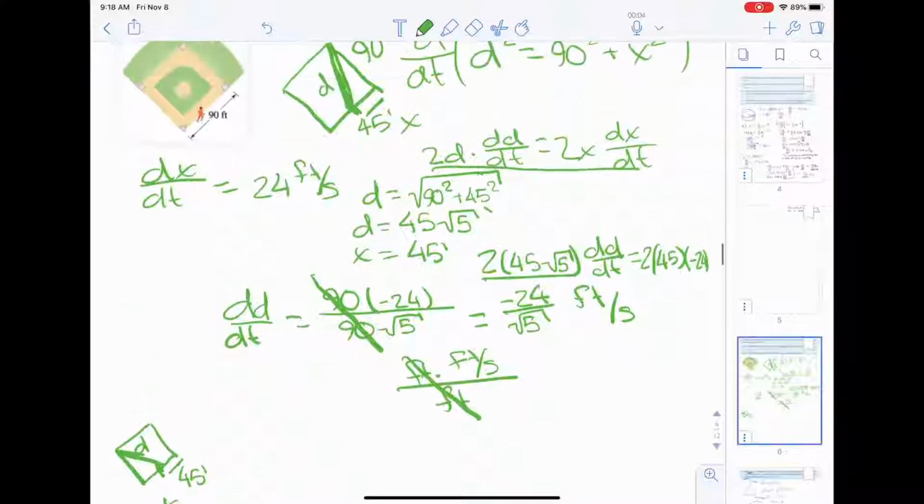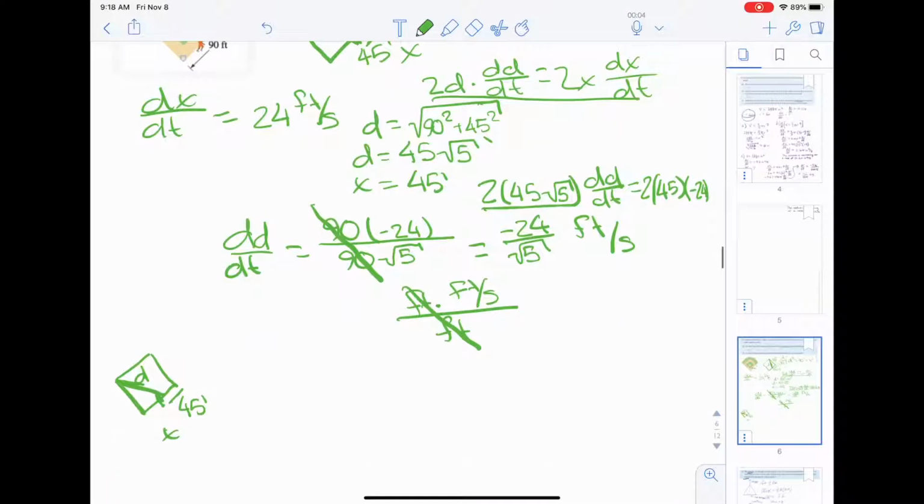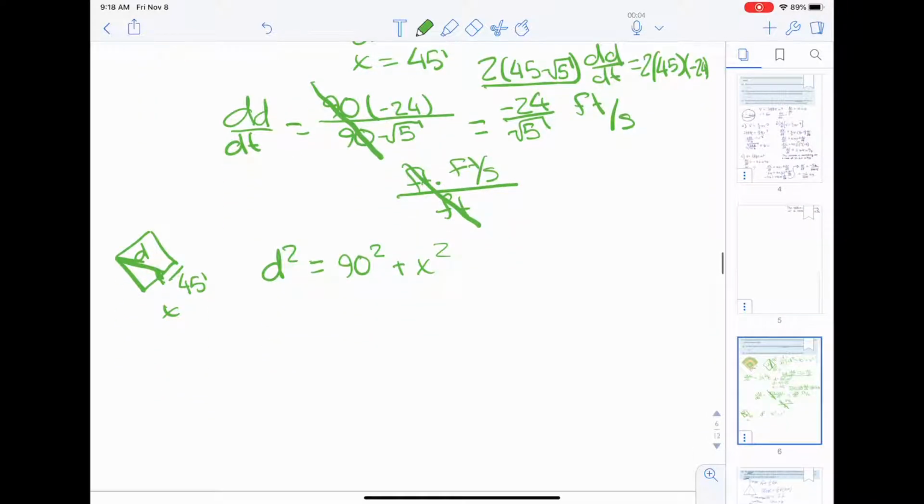And so we're going to solve this question the same way we did this one. We'll take D squared is equal to 90 squared plus X squared. We'll take the derivative with respect to time of both sides, and we'll be left with 2D times dD over dt is equal to 2X times dx over dt.